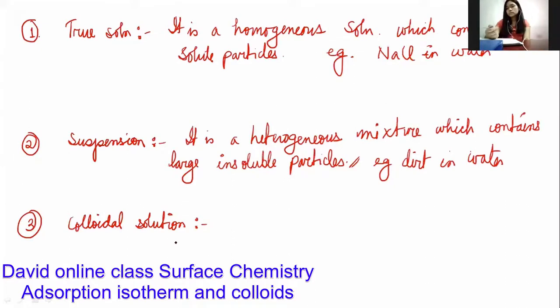Another point: a colloidal solution is a heterogeneous system which contains a dispersed phase and a dispersion medium. Particles are of intermediate size.